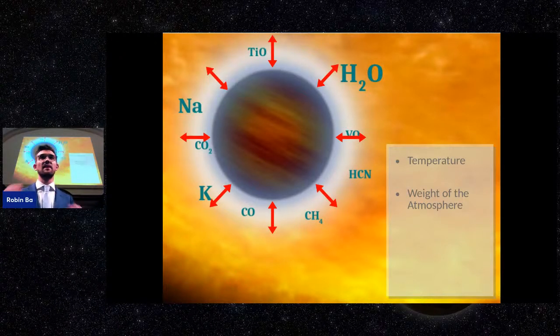So the size of the atmosphere, the thickness of the layers, tells us something about the temperature of that atmosphere. It also tells us something about the weight of the atmosphere, because a heavy atmosphere will be more compressed, of course. And then we can make, for example, a distinction between a light atmosphere composed mostly of hydrogen and helium, like we expect in the gas giants, or a heavy atmosphere, like here on Earth, which is composed of nitrogen and oxygen.